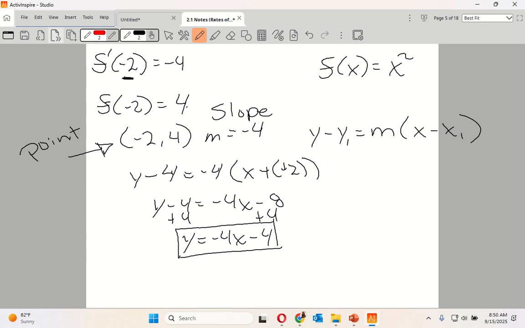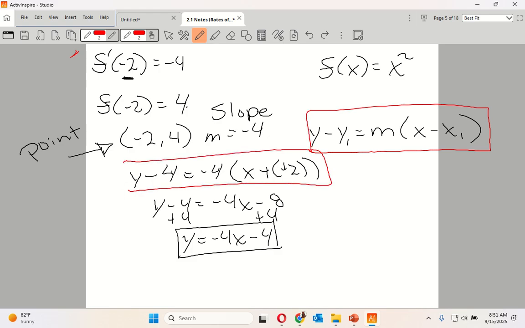On the AP exam, this is correct. This will get you full points. Just stop right there. Except if you have to use it, because usually from there they'll say, "Hey, use this to estimate what the next one is," or something.